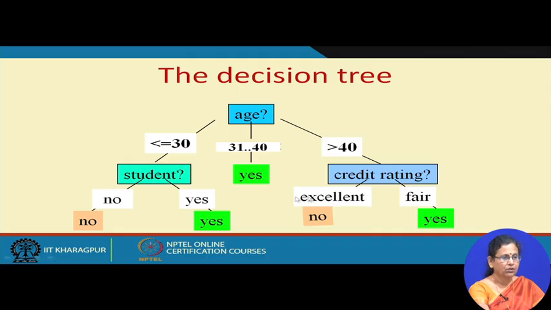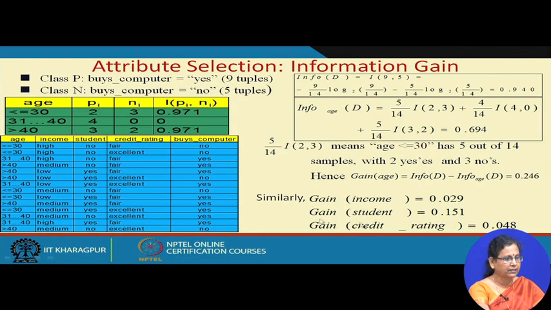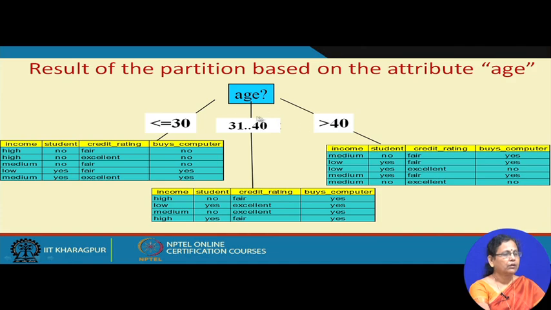The question was, out of these independent variables, which one should be at the root. Here we found a procedure by which you decide which one will be your root. Once you know the root, you partition. This was the 3 partitions.